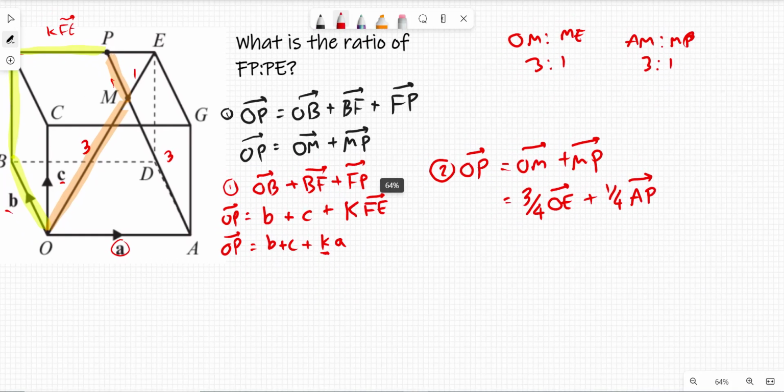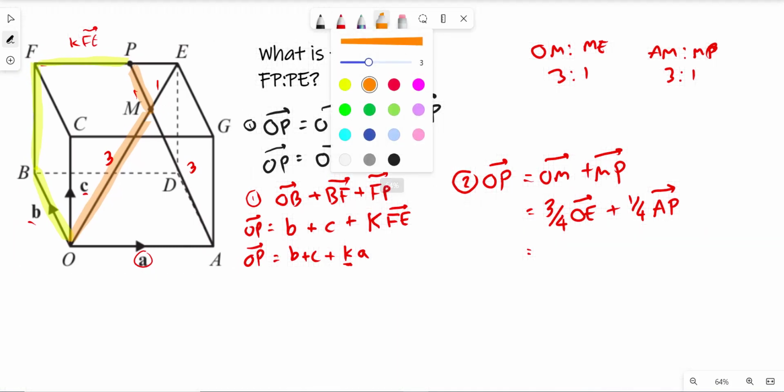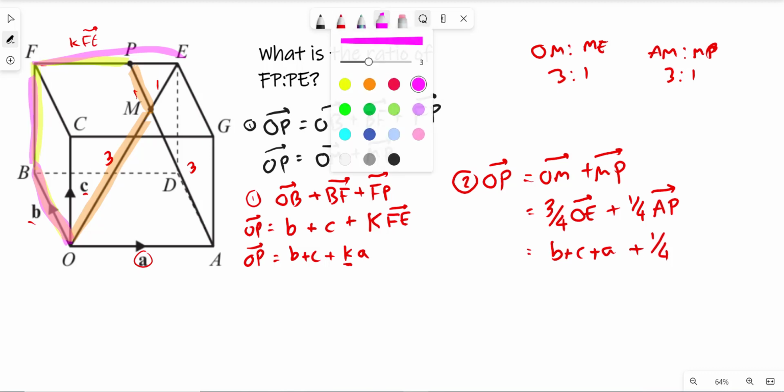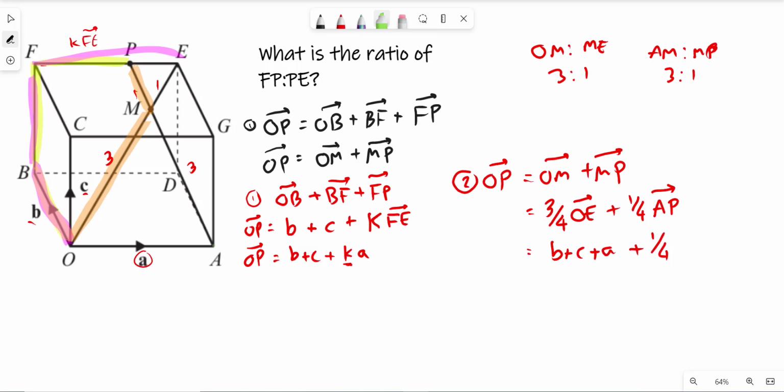So let's use vectors to define this journey down here. OE is this journey, which is just going to be B plus C plus A. Pretty simple. Plus 1/4 of AP. Now, AP, let's go this, this, this, and this. So you can see we're using KFE. We're using FP in both journeys so that we can compare them to each other.